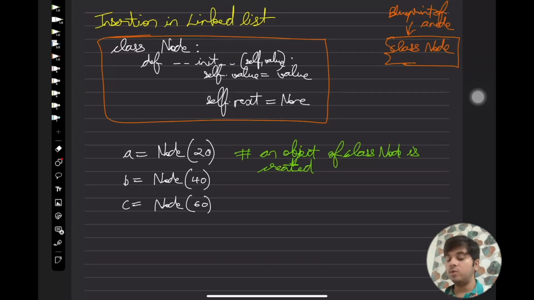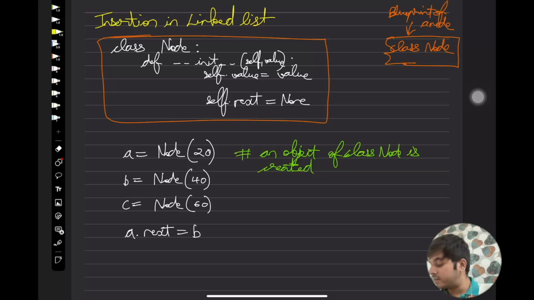Now I'll combine all three objects. So a.next is equal to b. What has happened is that I have linked them. Initially a, b, c were made.